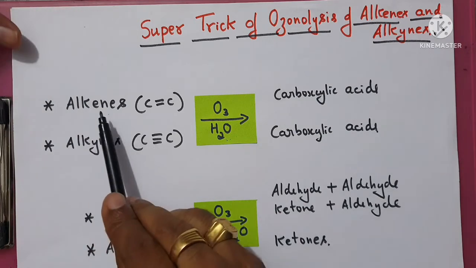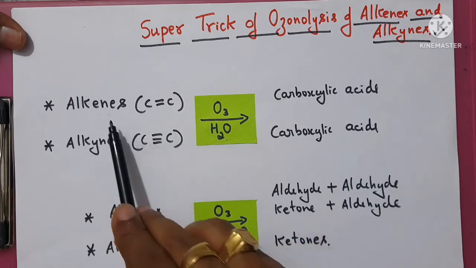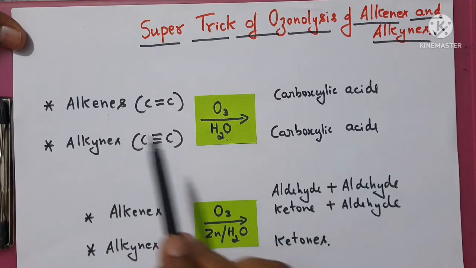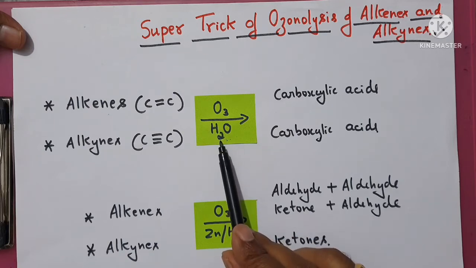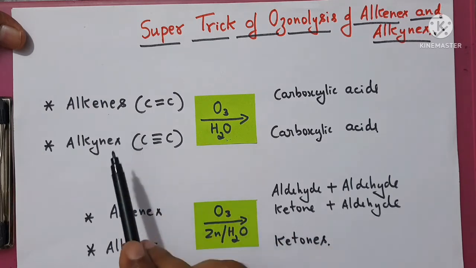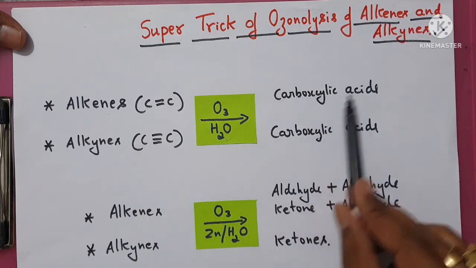If I take alkenes, adding ozone to alkenes only in the presence of water, then alkenes as well as alkynes will form carboxylic acids.